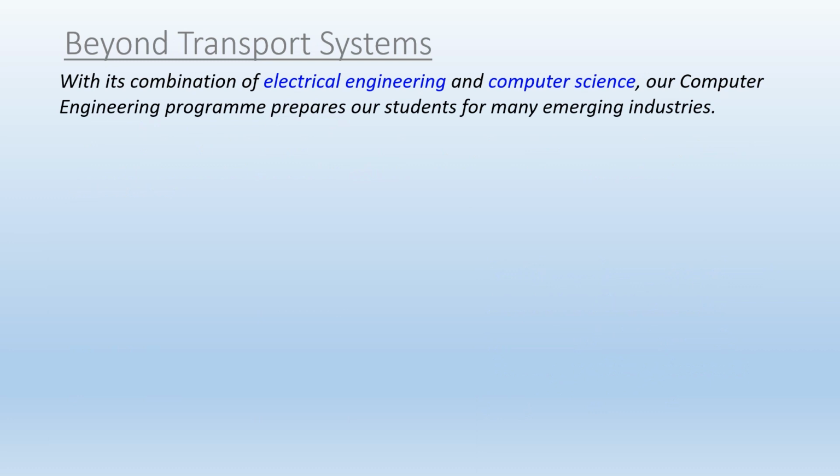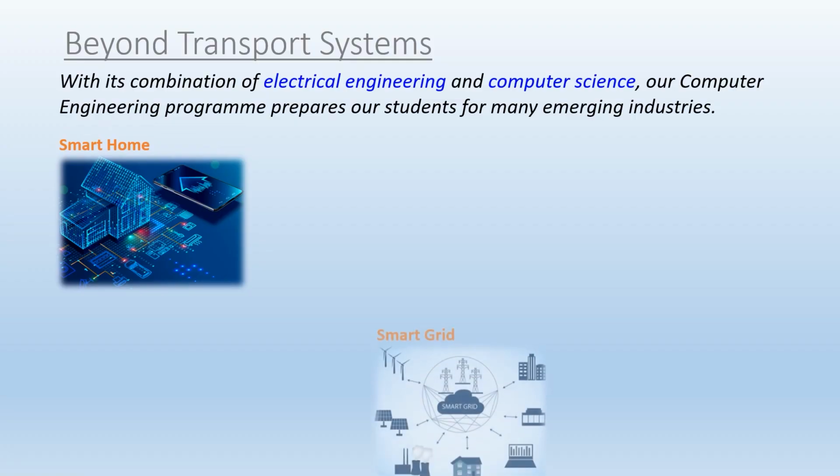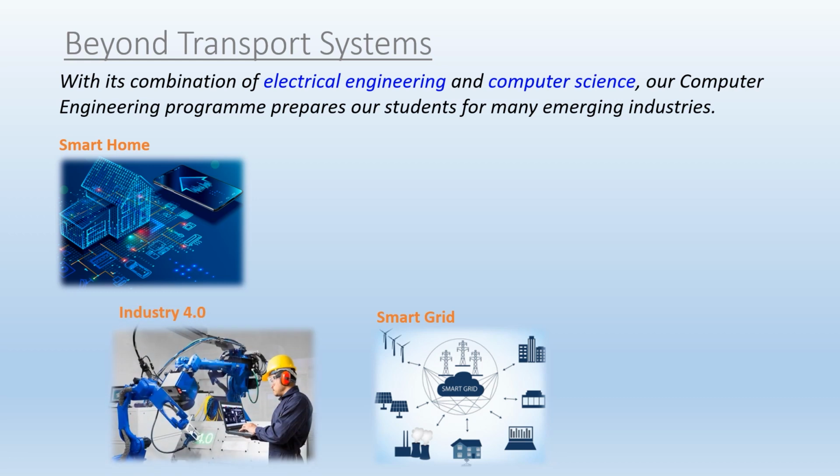For instance, things like smart homes, right, where we introduce more and more technology in our everyday lives, in our homes. This is a big topic. Then, of course, the entire industry-related domains like smart grids, the intelligent transportation of power, Industry 4.0, which encompasses topics like automation, robotics, and so on.